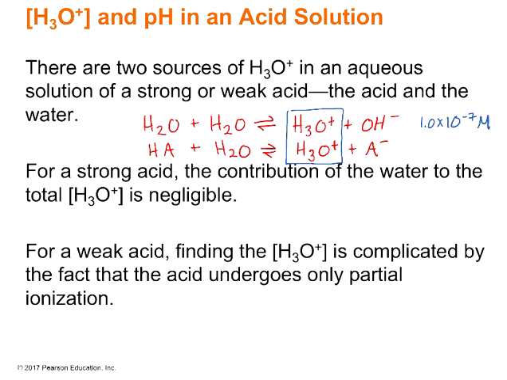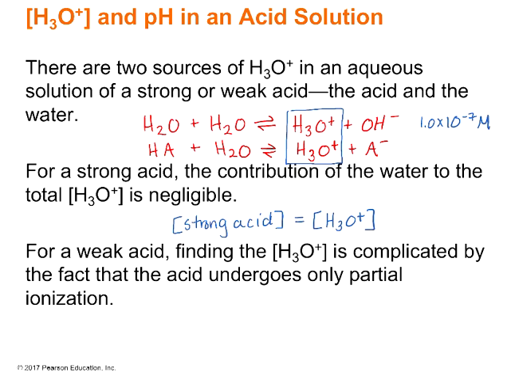For a strong acid, the contribution of the water to the total hydronium ion concentration is negligible. So in that instance, we can assume that the concentration of the strong acid is equal to the concentration of the hydronium ions. And we don't have to take into account that really small amount of hydronium ions that are produced from the autoionization of water.